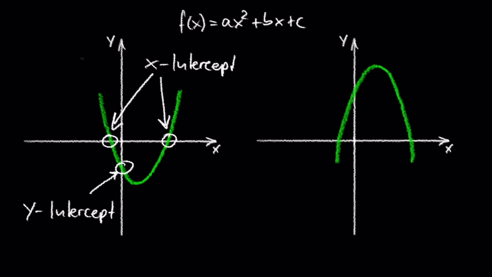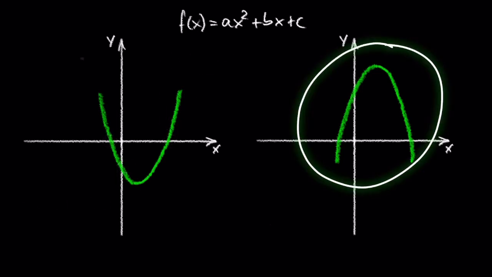If the x-intercepts exist, they represent the zeros or roots of the quadratic function, which are the values of x at which y equals 0.